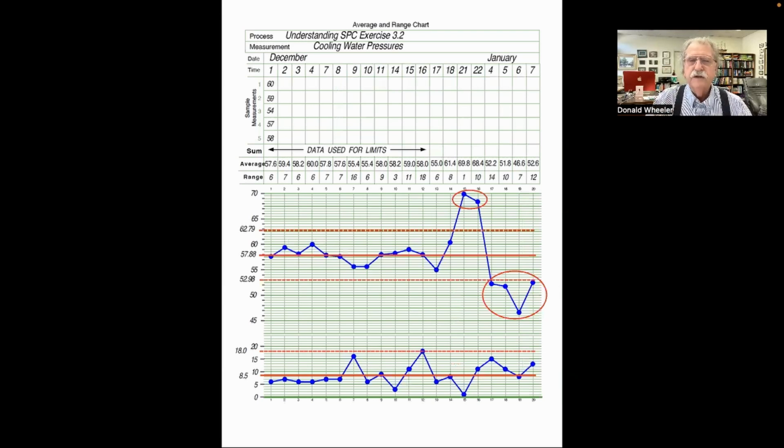And we have this. Something happened. When did it shift upward? We look at the dates and we see they're working a 5-day week. And the 21st is Monday of a short week.